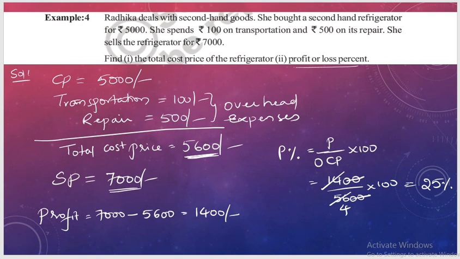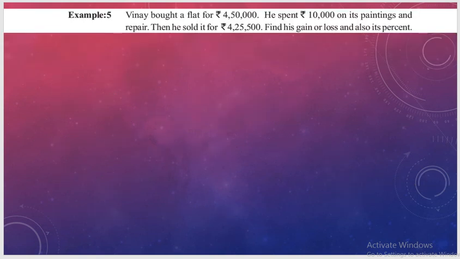Okay, next moving on to one more example, example number 5. Vinay bought a flat for 4,50,000. He spent 10,000 on its painting and repair. Clearly, Vinay bought a flat for 4 lakhs 50,000 and spent 10,000 extra.